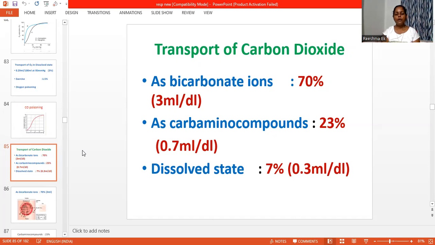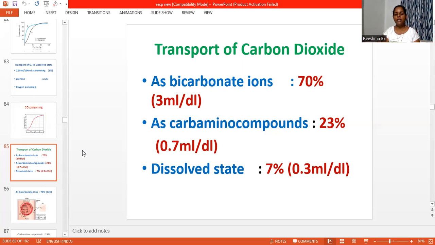Then as carbamino compounds: carb means carbon dioxide, amino means amino acids. Carbon dioxide combines with some of the amino acids of the blood, some proteins in the blood, and also the hemoglobin in the blood. Hemoglobin is also a protein.